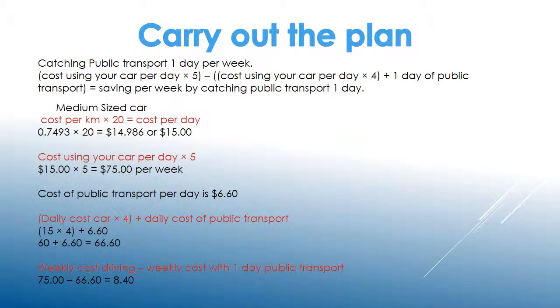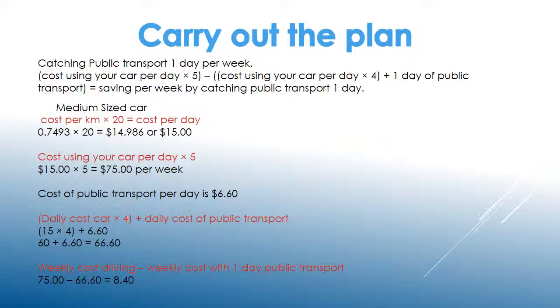So cost of using your car per day by 5 minus the cost of your car per day by 4 plus 1 day of public transport equals savings per week by catching public transport 1 day a week. So 7.493 by 20 is $15, times that by 5 is $75 per week. The cost of public transport is $6.60.